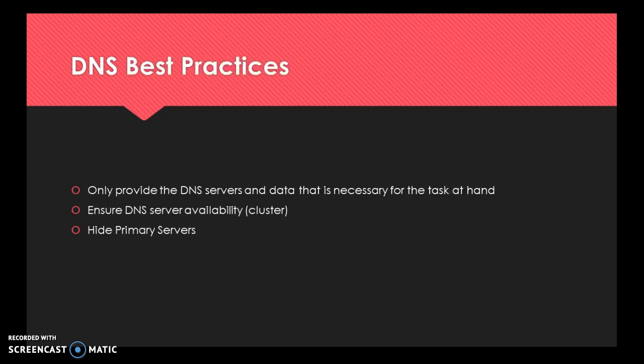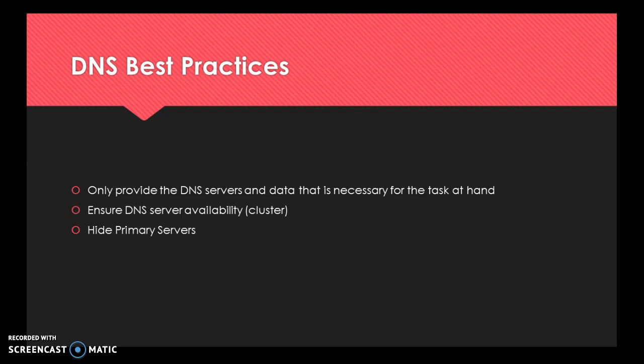So, best practices with DNS. With DNS, you want to only provide the servers and data that is necessary for the task at hand. So let's say you have a public DNS that you let the public use to translate the names into the IP addresses.